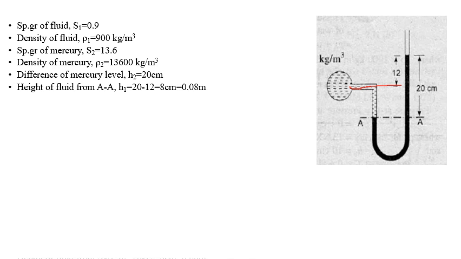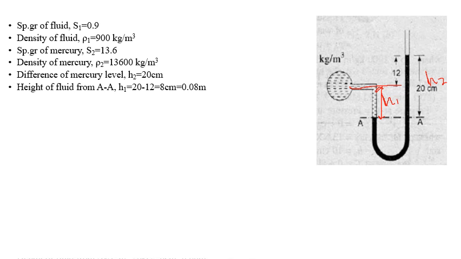So I want to find out the distance from the center of the axis to this line AA. This one is taken as H1. The 20 centimeters is taken as H2. So what is the height of H1?